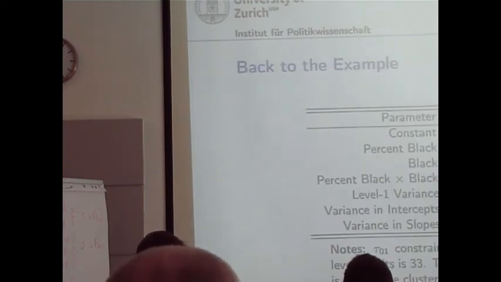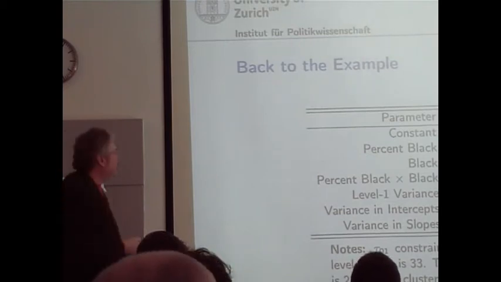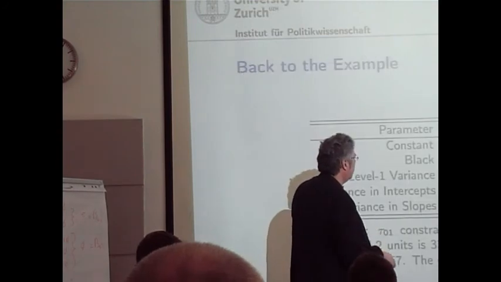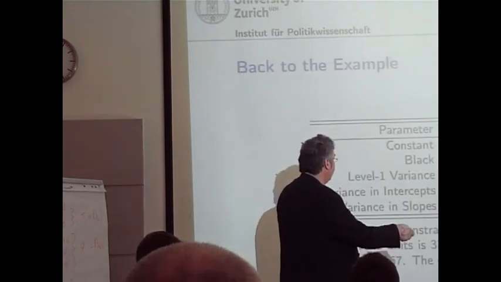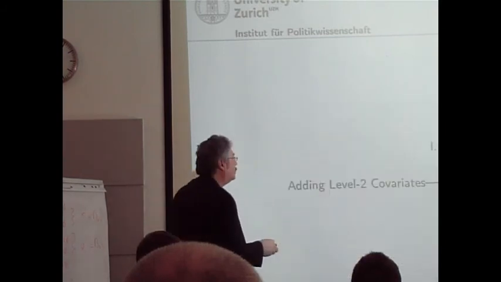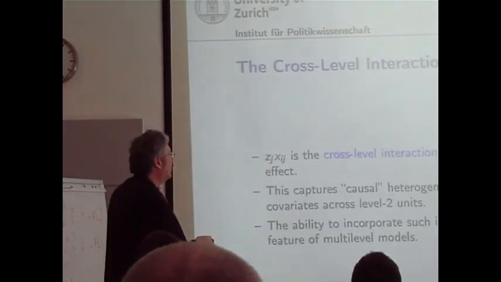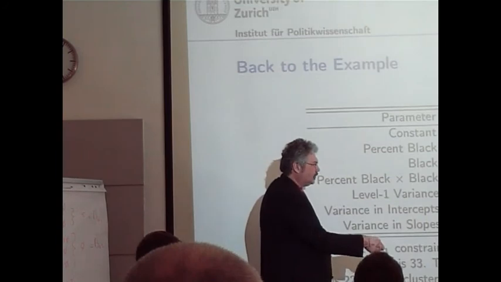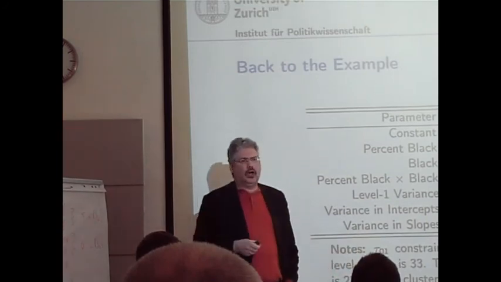We also see that, relative to what we had before, the variance in the intercepts and the slopes goes down a bit. In fact, the variance in the slopes is basically gone.